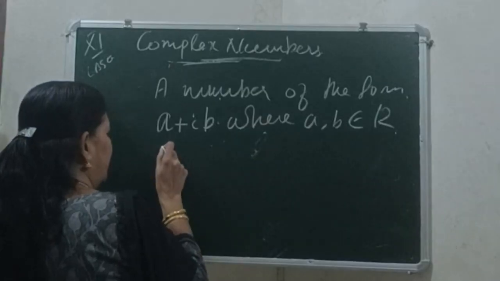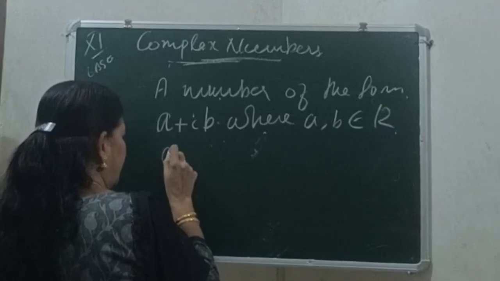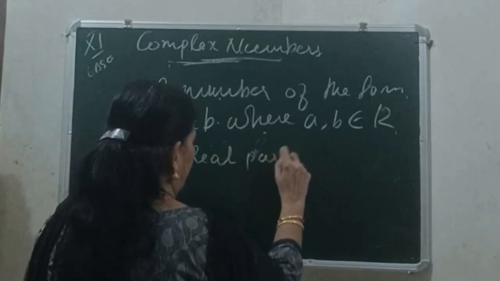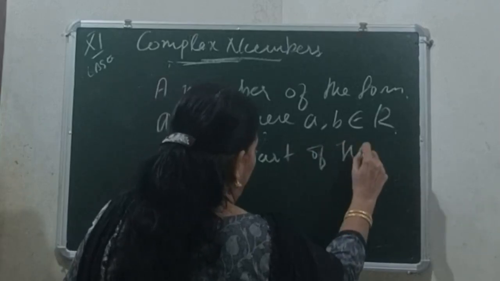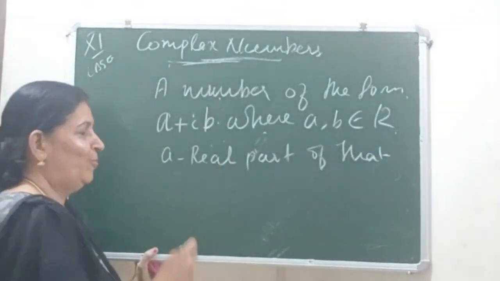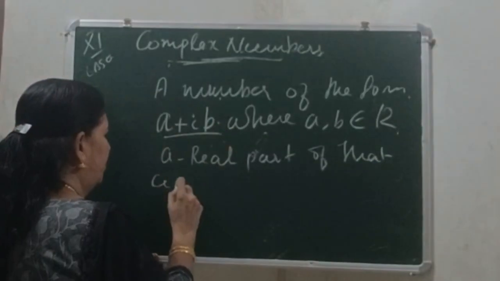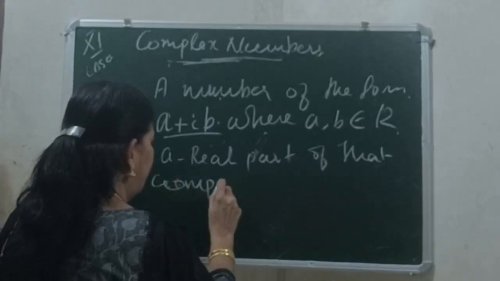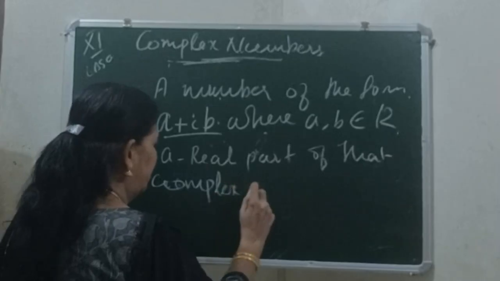Then a is called the real part of that complex number. A complex number is a number including a real part and an imaginary part.